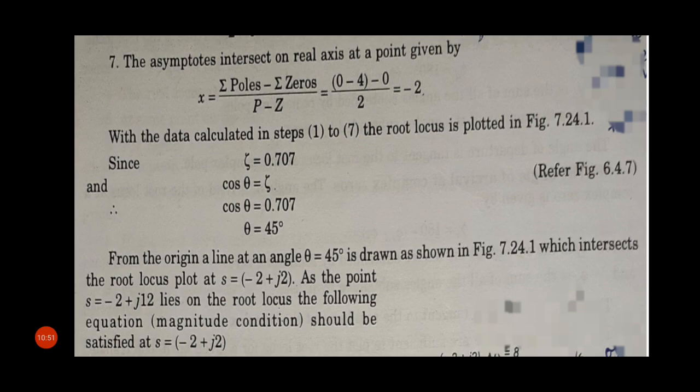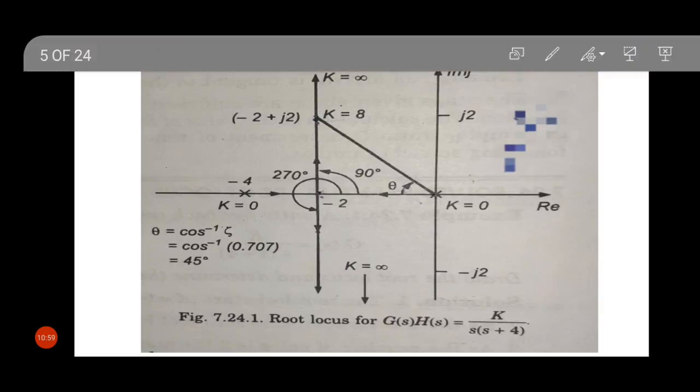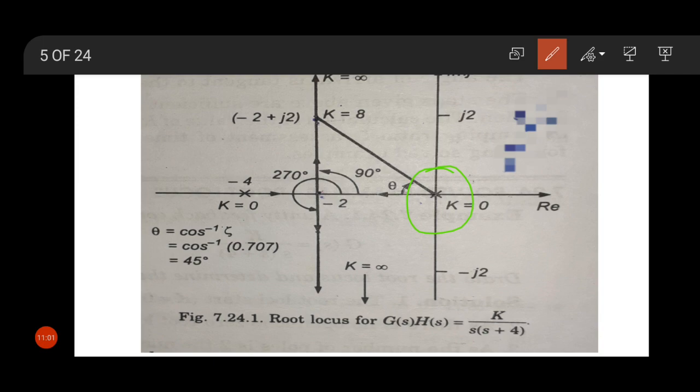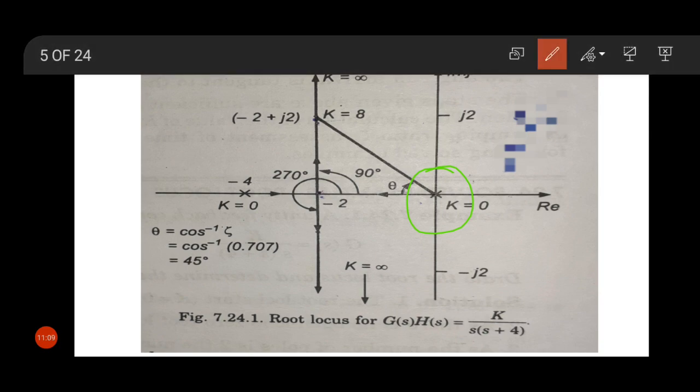So theta is 45 degrees. From the origin, a line at an angle of 45 degrees is drawn.